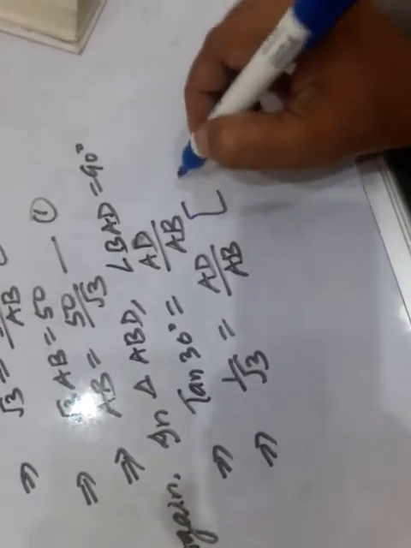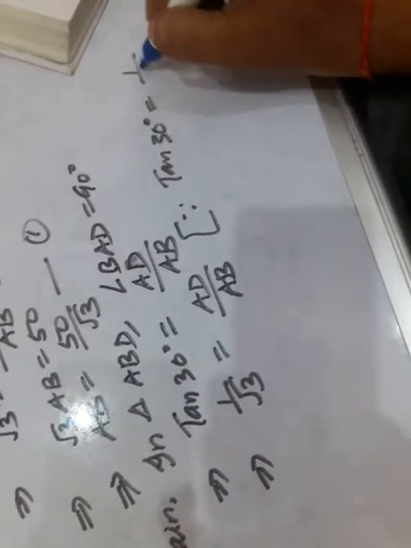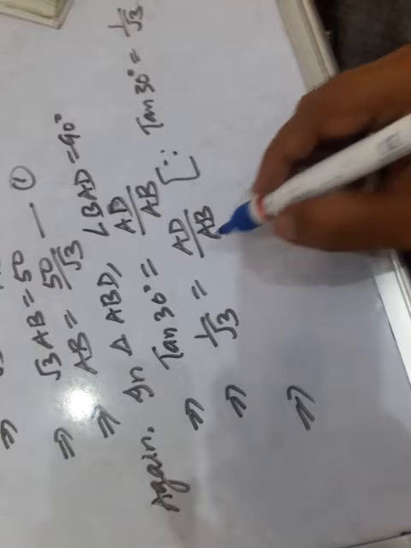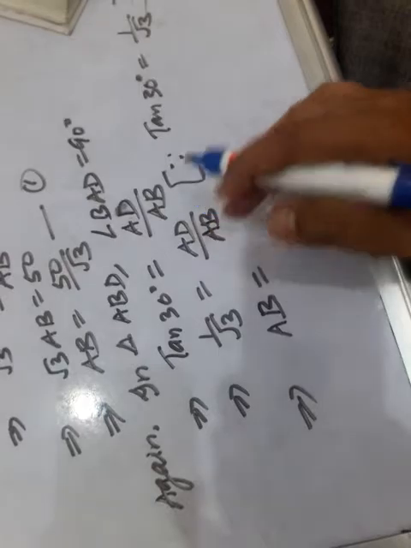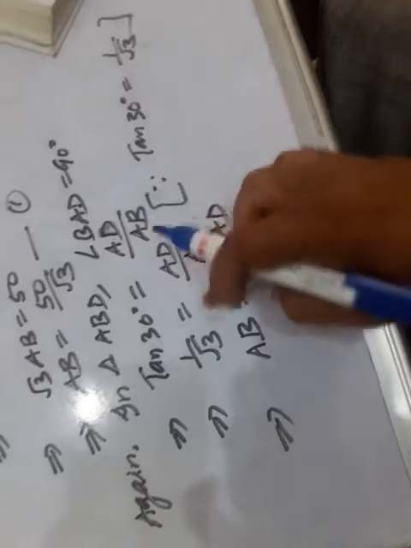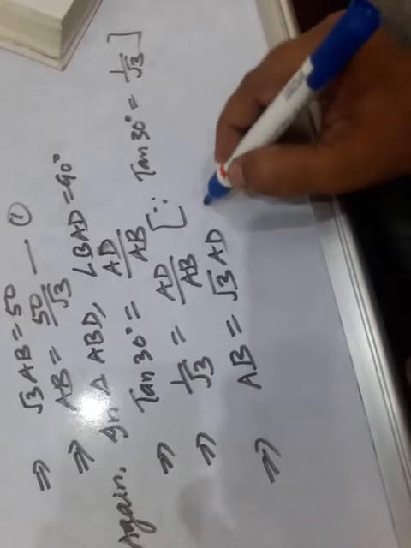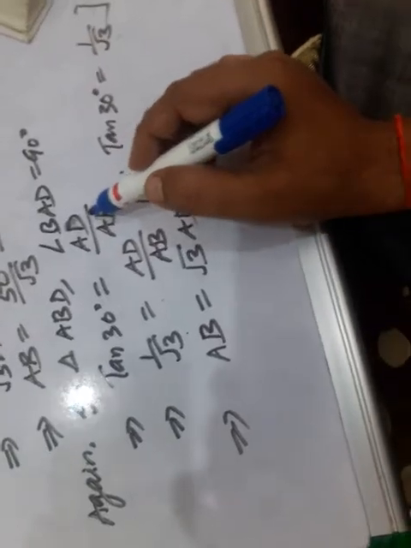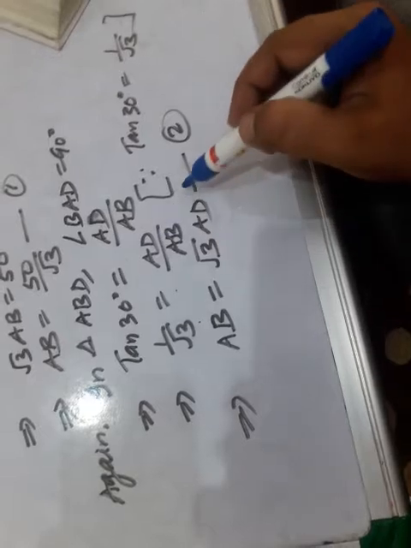Here you can write, since tan 30 equal to 1 upon root 3. Okay, children? This implies AB equal to root 3 AD. Write down equation number 2: 1 upon root 3 equal to AD upon AB, then by cross multiplication, AB equal to root 3 AD.